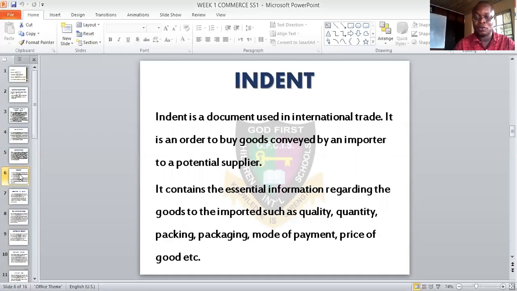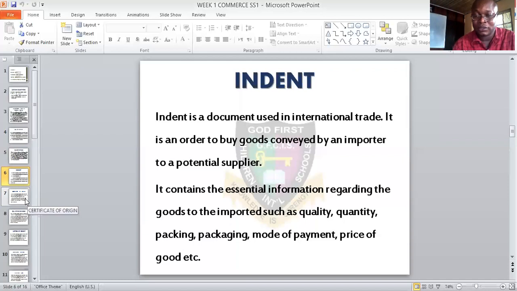That request can be conveyed by the importer to a potential supplier or exporter. So just to make a request about the goods, that is an indent.